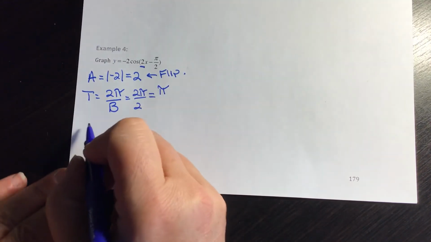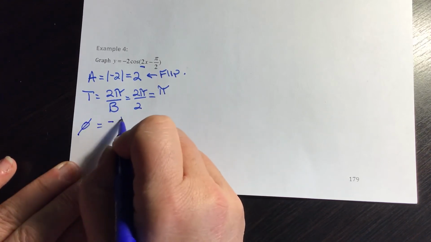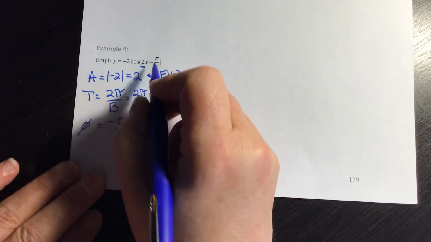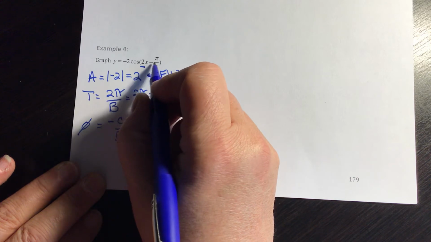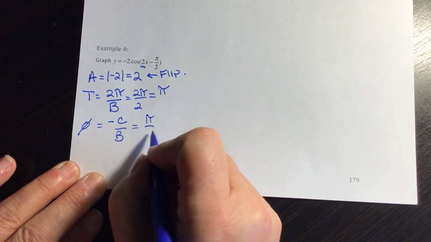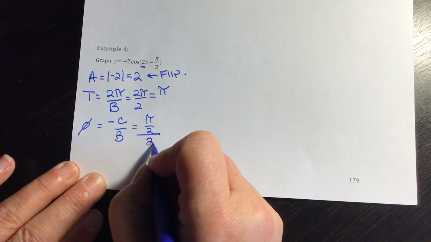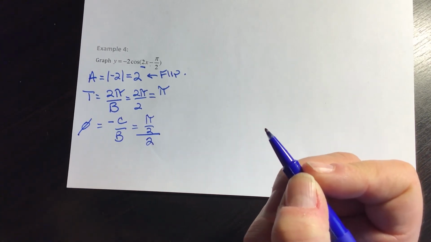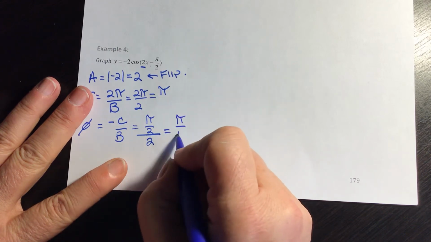And then I'm going to have my shift. So I got opposite of c over b. The c value is pi over 2, so I'm going to have the opposite of negative pi over 2, which is positive pi over 2. And that's going to be over b, which is divided by 2, or multiplied by 1/2. So this is going to be pi over 4.